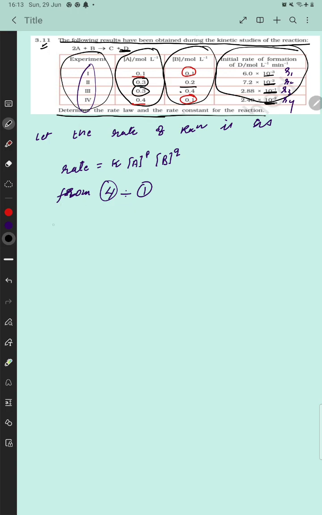So R4 by R1 is equal to K, the constant.